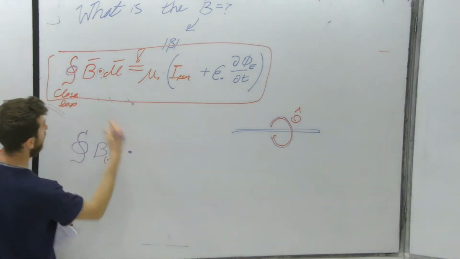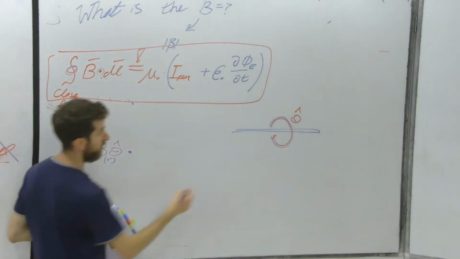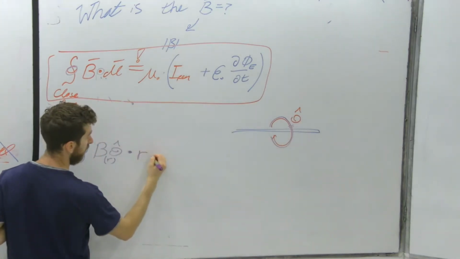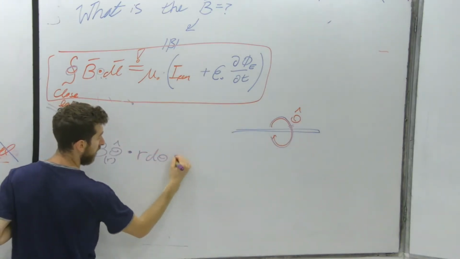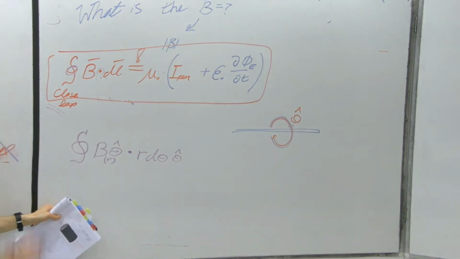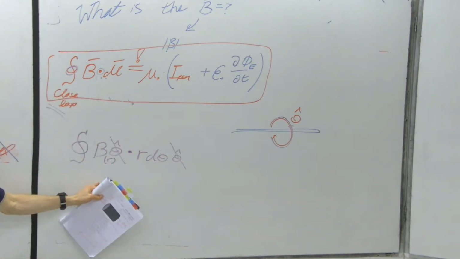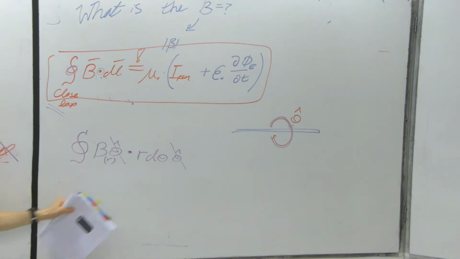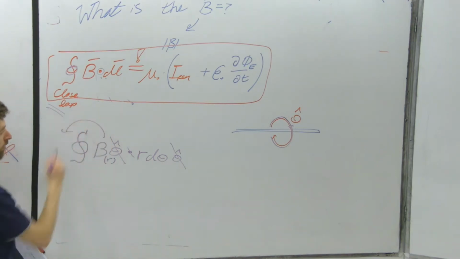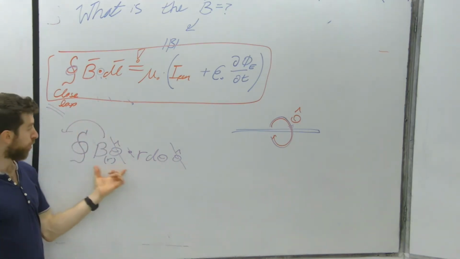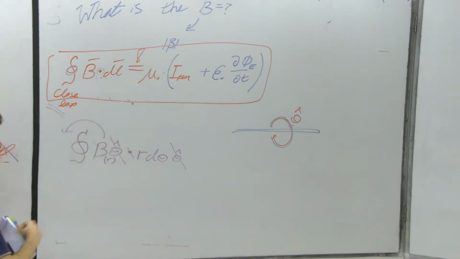Dot DL. Who is my DL? This, right? Which is R d theta in the theta direction, tangentially. So this one is killed by each other, which means the cosine between them is 0. So the dot product is dying away. B depends on R, but we're running over theta, so B can get out of the integral.